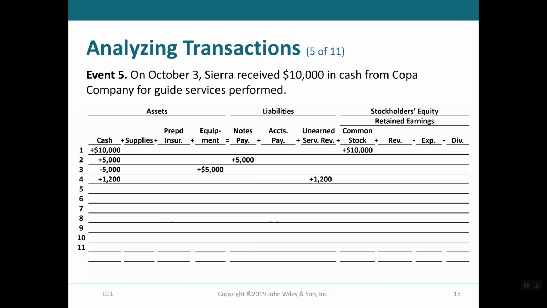And the services that were performed are going to be under the stockholders' equity, which is an increase in revenue. So an increase in the asset cash, and also an increase in revenue, which is under the stockholders' equity. And that's why we had to show you the extended version of the accounting equation.